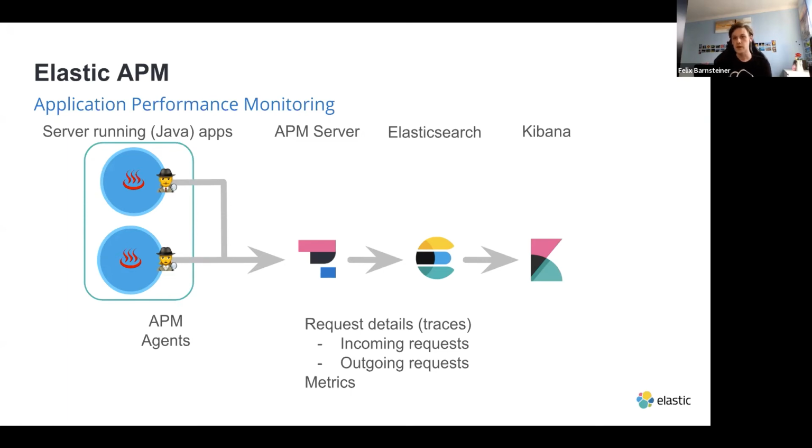And you can not only use the built-in visualizations in our dedicated Kibana APM app, you can just go ahead and create your own dashboards, your own visualizations, because everything we store with APM is just another index in Elasticsearch.